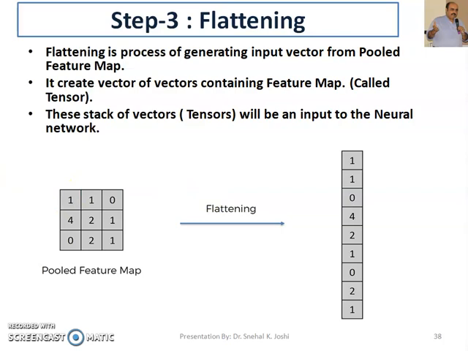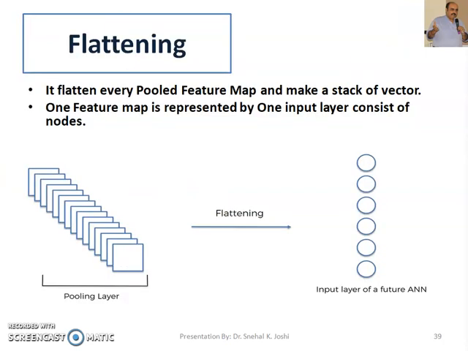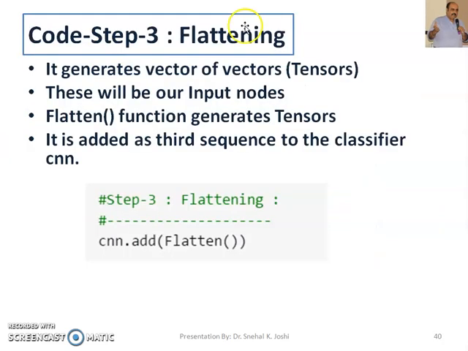Okay, now the flattening code is quite simple. We simply add this layer to our convolution object. The function name is flatten, and it generates a tensor, that means a vector of vectors, by converting all two-dimensional pooled feature maps into vectors.